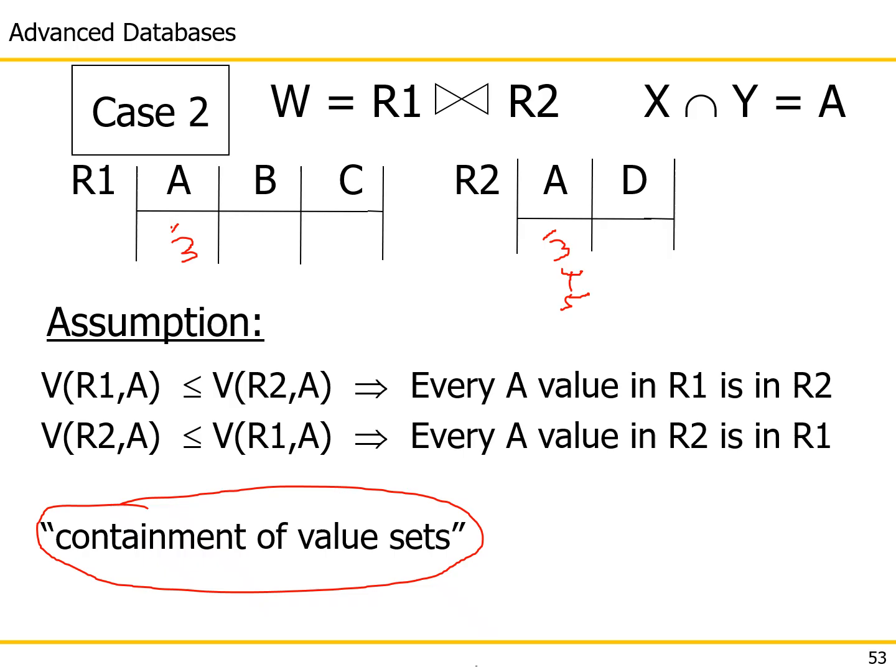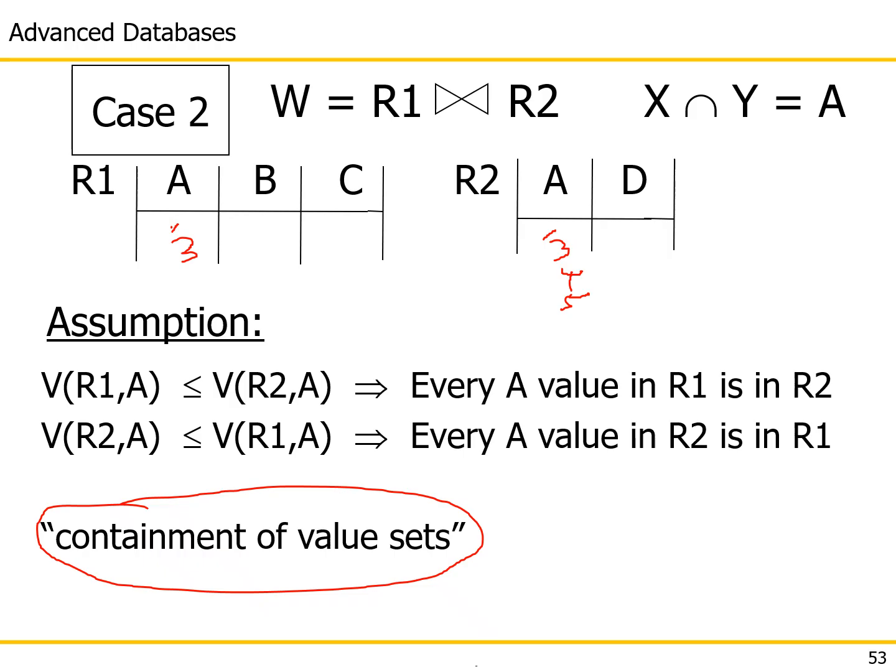I'm saying that if the number of unique values in column A in R1 here is less than or equal the number of unique values in R2 here. I'll put you some numbers. Let's say I have here 3 unique values. And if this rule holds, then this could either be 3 or 4 or 5. Then in other words, every value here in R1.A must be in R2.